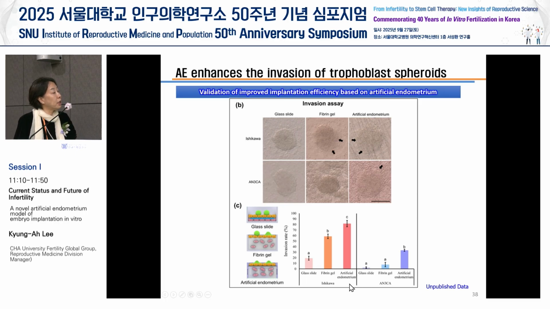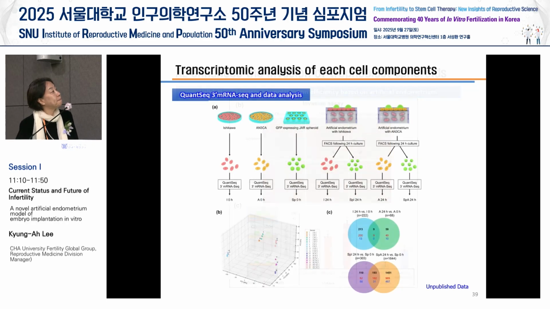In the artificial endometrium with two somatic cell types, stromal cells and epithelial cells, and an ECM-like basement membrane in between, we had very good invasion in the system.